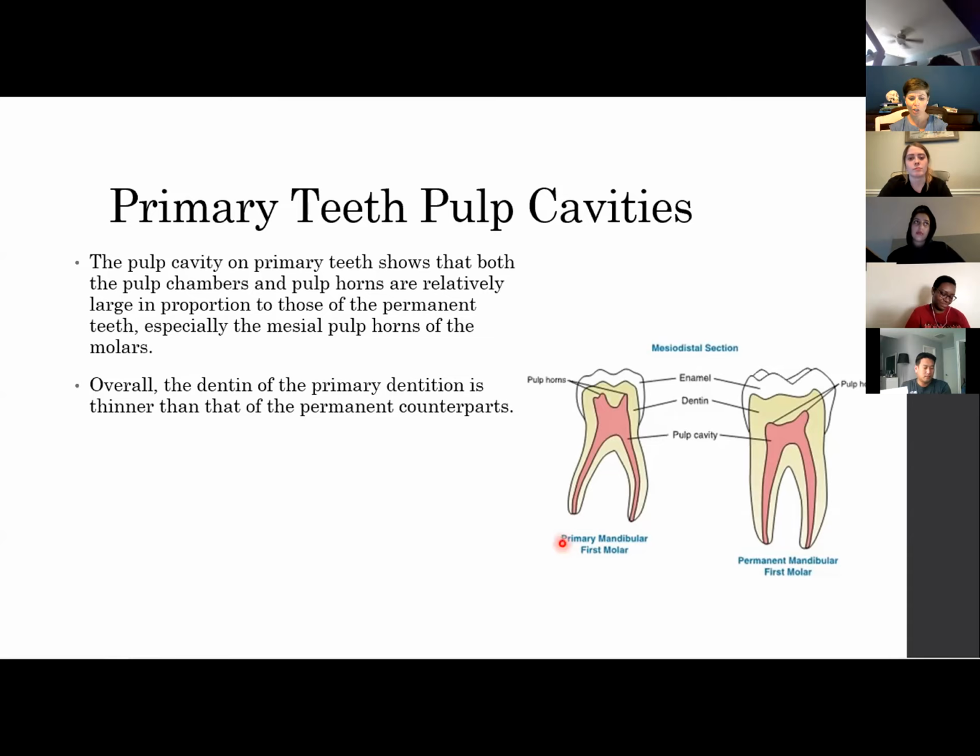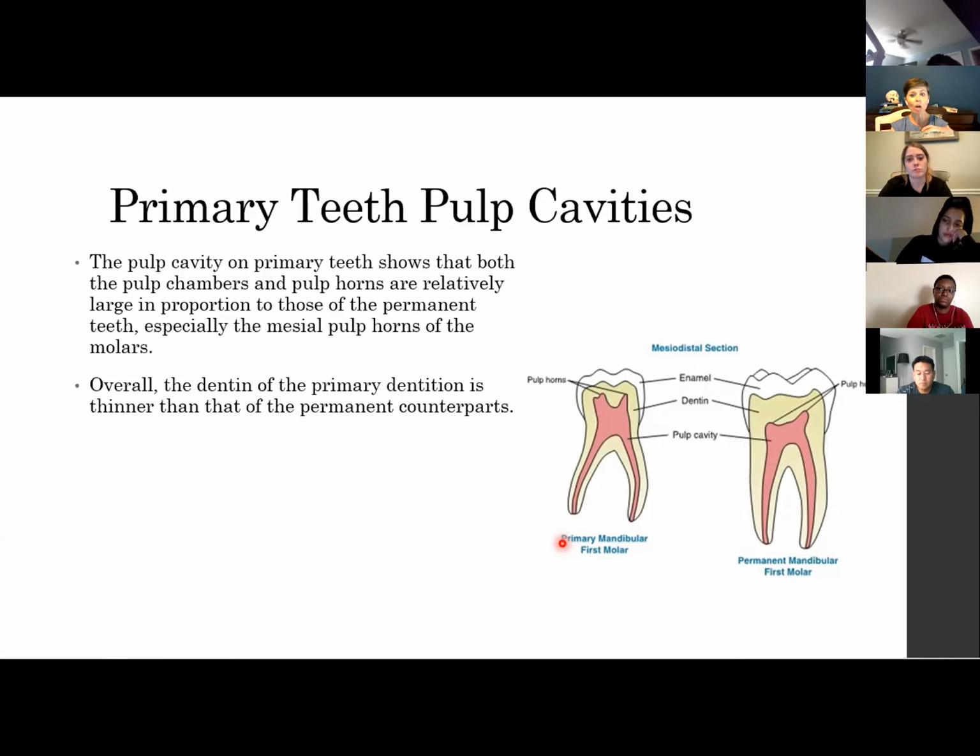Okay, so did that help answer your question? It does, because I'm just imagining in my head, if those roots dissolve, how are the kids eating all these things without any pain, because there's barely any roots holding the tooth? Oh yeah, they don't have any, because the pulp dissolves.